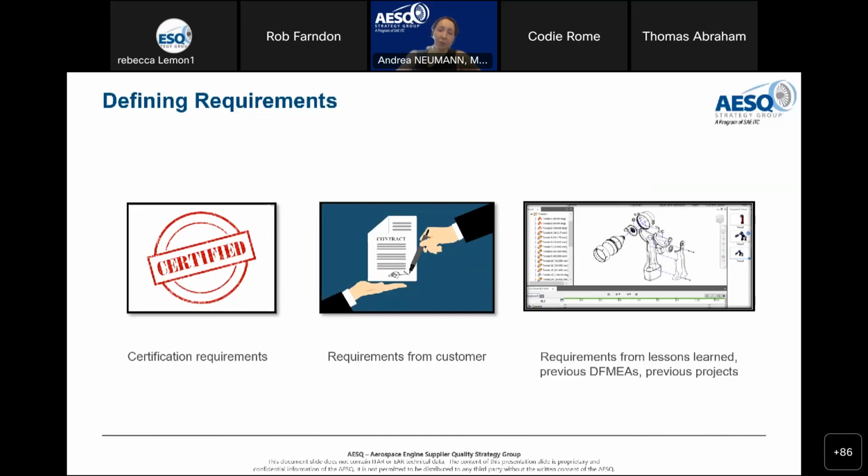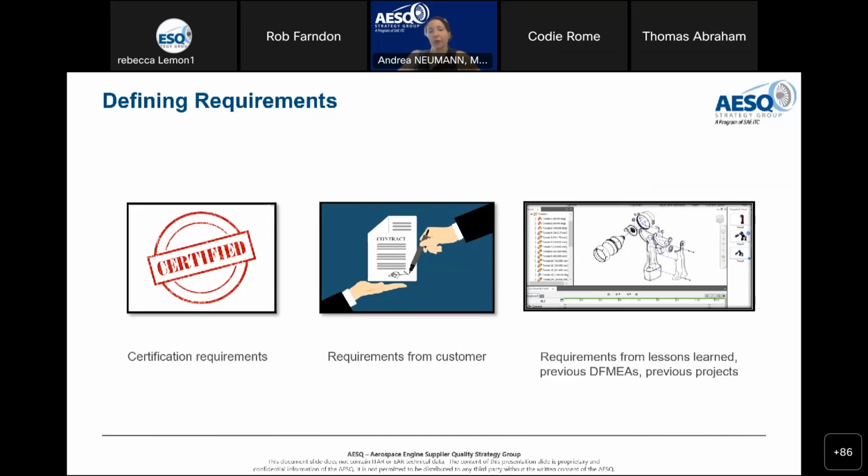Then there should be the requirements from the customer, and also these are things which come early in the DFMEA, which are mainly easy to find.